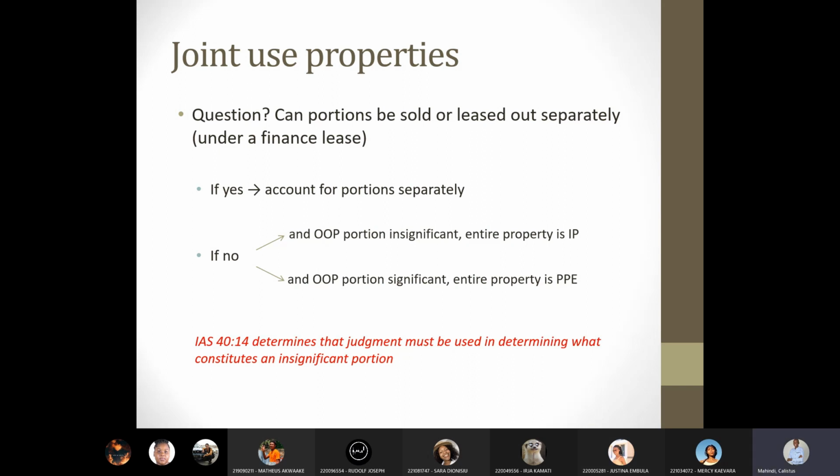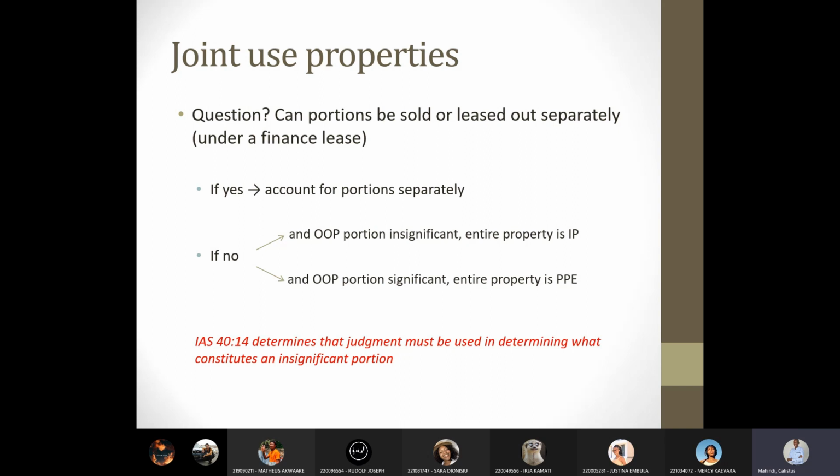For your purposes, you will be told that it is insignificant or significant. If you're not given that information, you have to look at the scenario to determine whether an insignificant portion is used for administrative purposes or whether it's a significant portion.